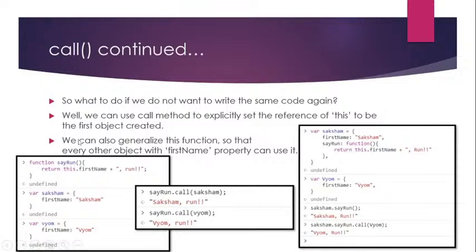and we can also generalize this function so that every other object with a first name property can use it. Let's say, for example, in the global scope and not in a particular object, we define a function say run with this return statement that says this dot first name plus run. Okay, and then we have Saksham first name and Vyom first name.